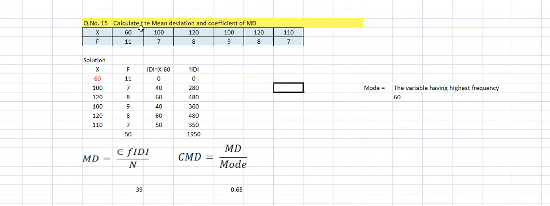If the question is like this, calculate the mean deviation and coefficient of mean deviation. Now see, in this question there is no base. Base means mean base or median base or mode base. Which base you have to find is not given here. Now in this case you are free to select a mean base, median base or mode base. Whichever is most beneficial and easier for you, use that method.